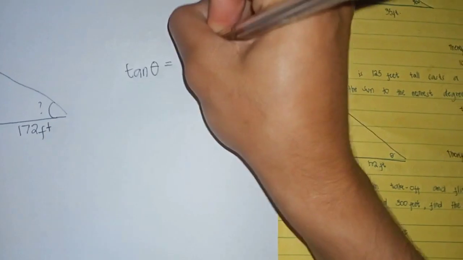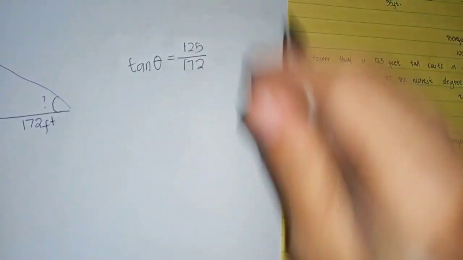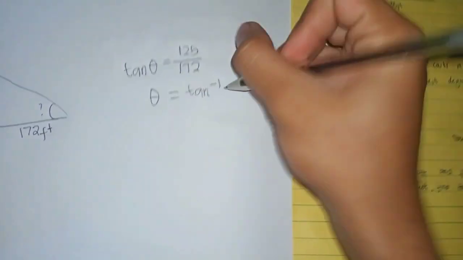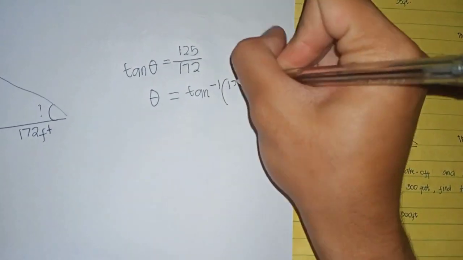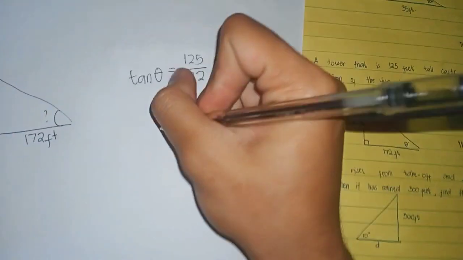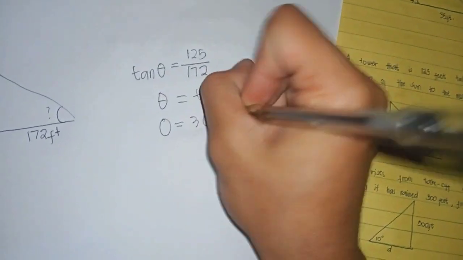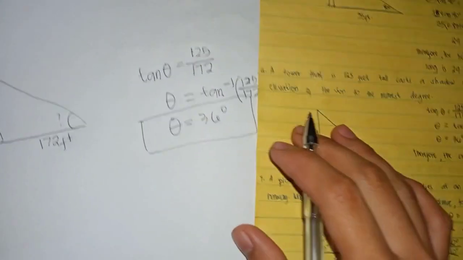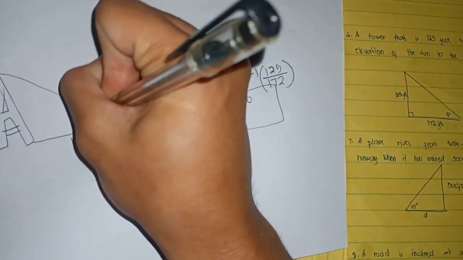So we have 125 over 172. So theta is equal to tan inverse of 125 over 172. So theta is equal to 36 degrees. So this is our angle of elevation, 36 degrees.